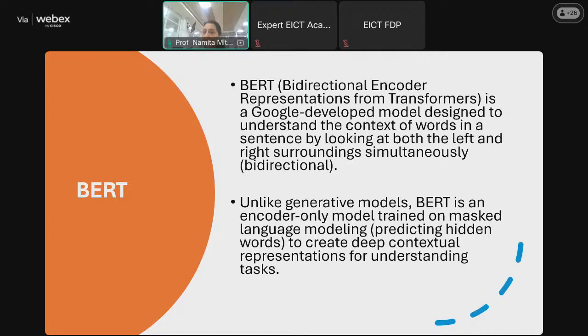It is developed by Google, a model designed to understand the context of the words in a sentence by looking at both the left and right surroundings. Now the question is how far we can go to the left and how far to the right. That depends on the context window.